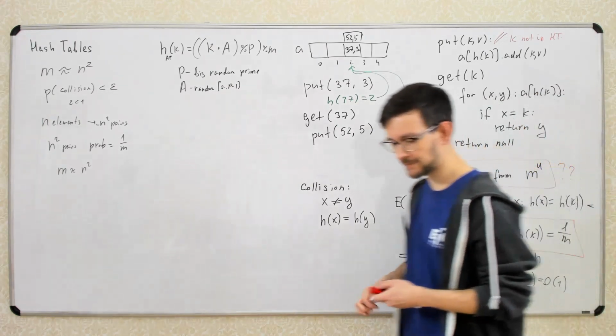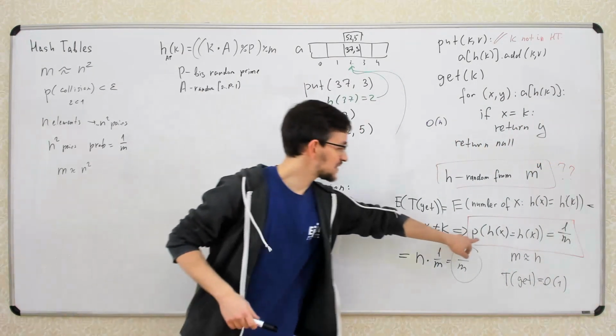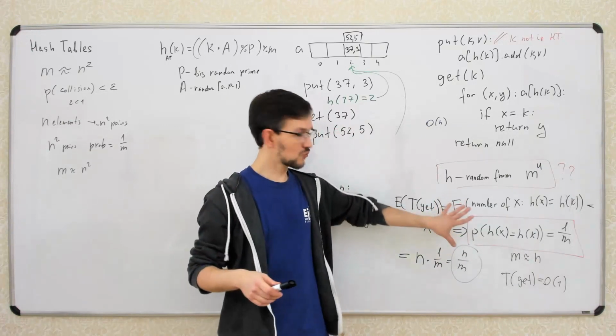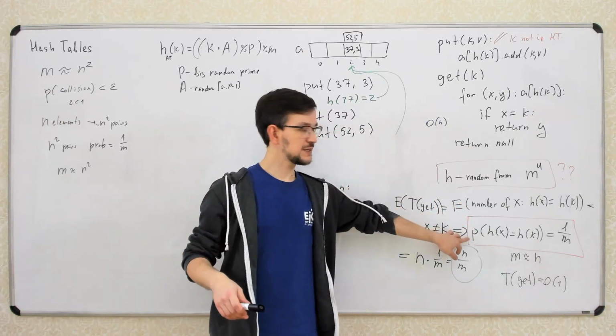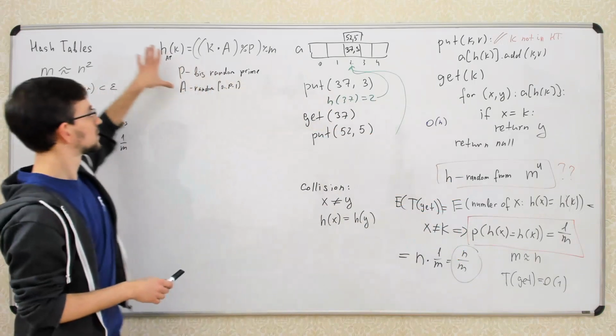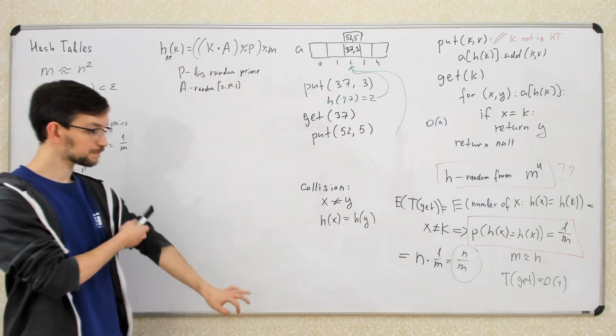So this is the property we need to make this proof. Let's see if this property is true for this set of random functions.